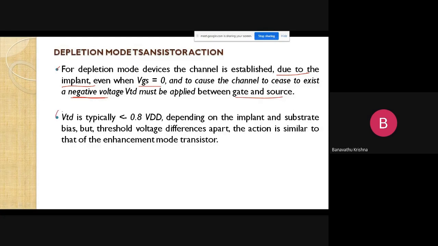Here the VTD is typically less than negative 0.8 V, depending upon the implant and the substrate bias, but apart from the threshold voltage difference, the action is similar to that of the enhancement mode transistor. So whenever we apply this amount of voltage, the transistor will act as an enhancement mode transistor, from depletion mode into enhancement mode, right?